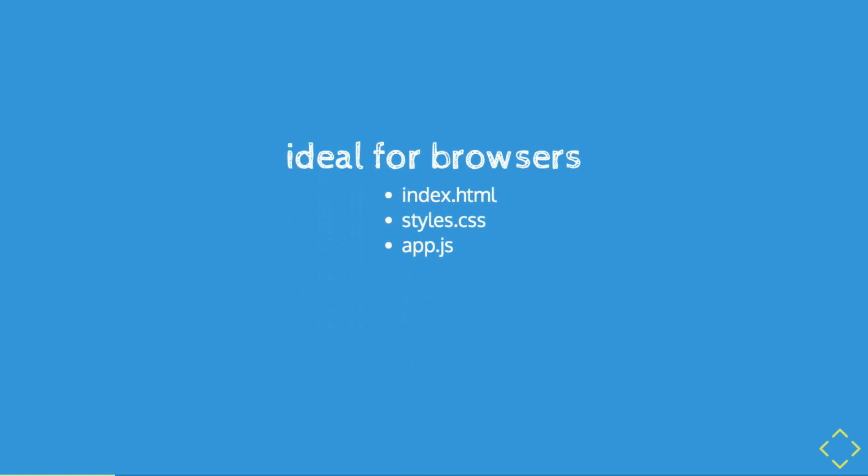So in the web world, it's ideal to have your site represented by a small number of files, like a single HTML file, a single style sheet, a single JavaScript file, and as few other resources as possible. This might be a slight exaggeration or oversimplification, but I think the point is still valid: as few files, as few assets as possible.